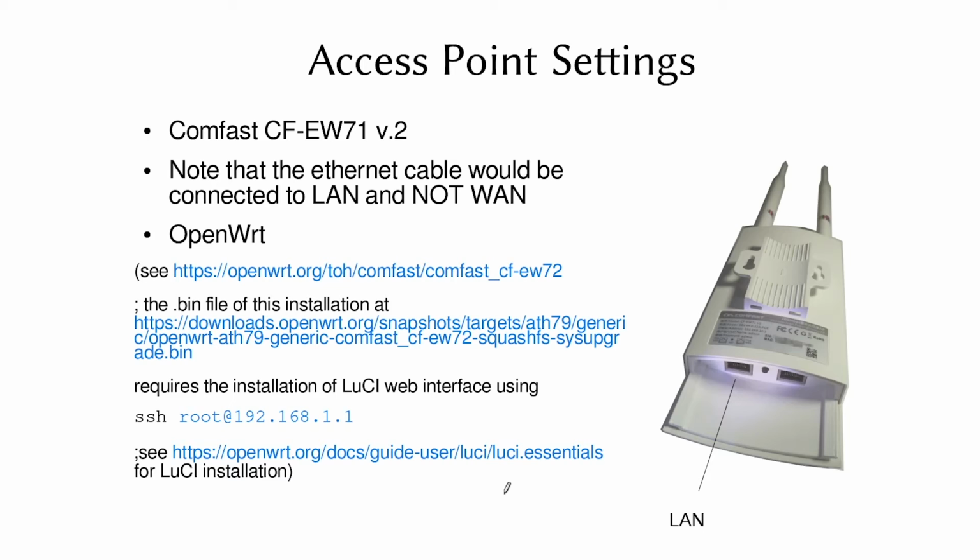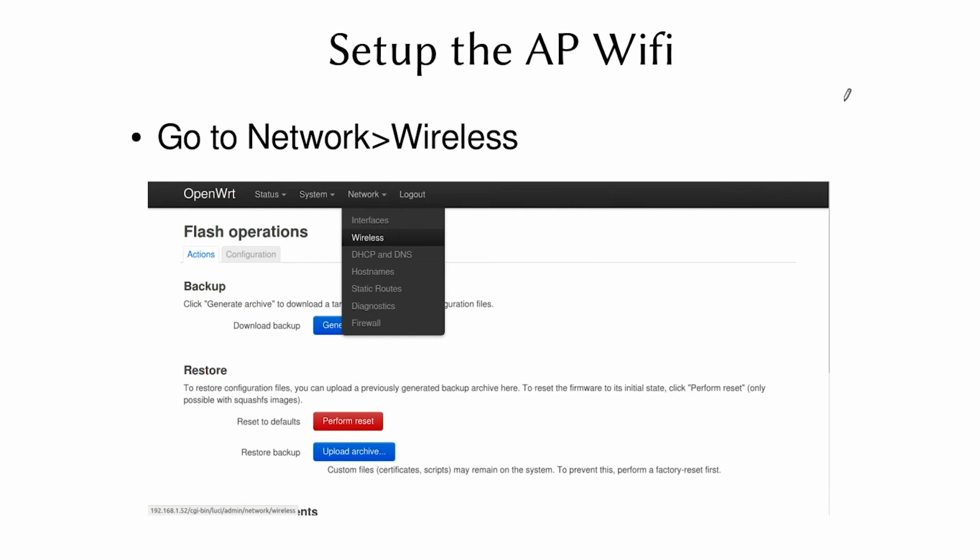Supposedly, if you replace it with OpenWRT, it becomes more stable. But we'll see. Okay, now in our AP device, access point device, we access the administration. This is LuCI, the administration software of OpenWRT.